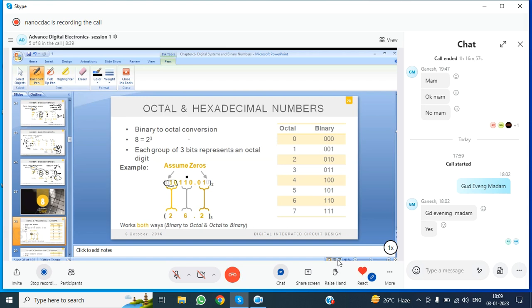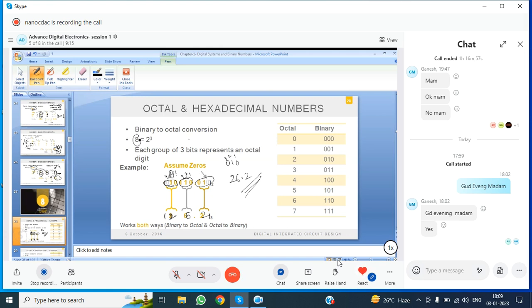Each is a group of 3 bits. 0 1 0 with weights 4, 2, 1 represents 2. 1 1 0 is 4 plus 2, which is 6. And 0 1 0 again represents 2. So we get 2 6 2. This way we represent an octal number.